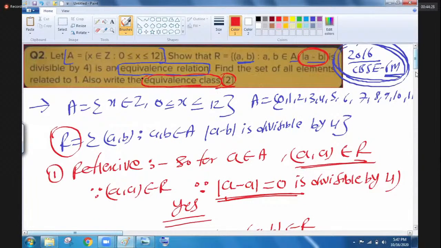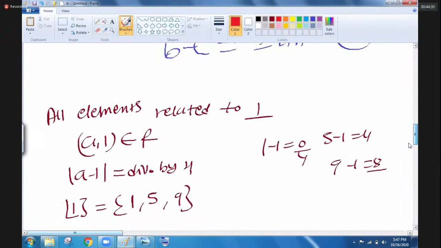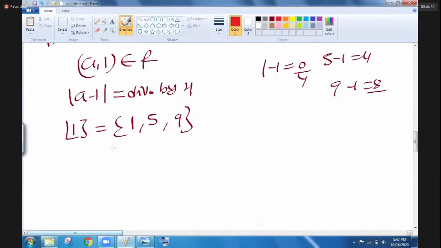What is equivalence class? It is nothing but whatever we have done is equivalence class only. Write the definition of equivalence class, and if you have written it earlier, no need to write it again. But if you have not written it in the question, what is equivalence class?